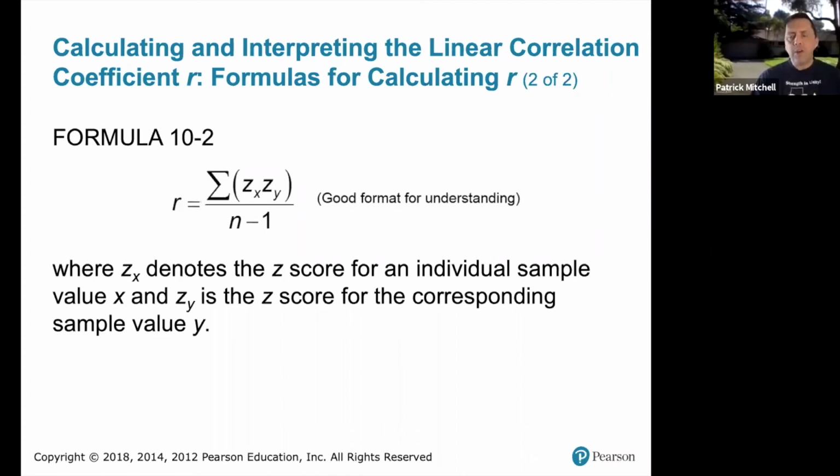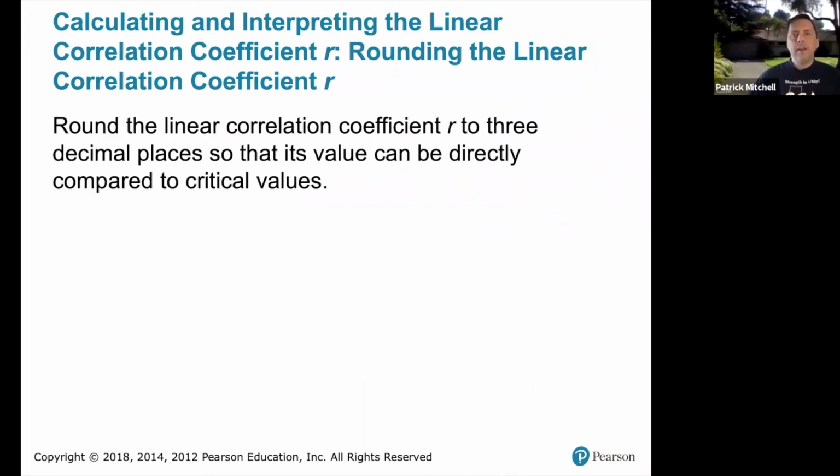And remember, to calculate a z-score, you need the standard deviation of the sample, okay? So this formula helps you to understand better what the linear correlation coefficient really measures and what it really means, but it's not as easy to use for calculations. All right, and then the rounding rule for the linear correlation coefficient: we will round it to 3 decimal places so that its value can be directly compared to critical values when we get into hypothesis testing.